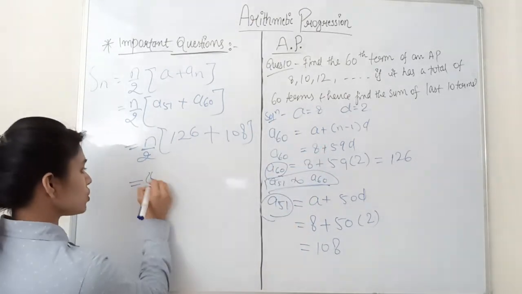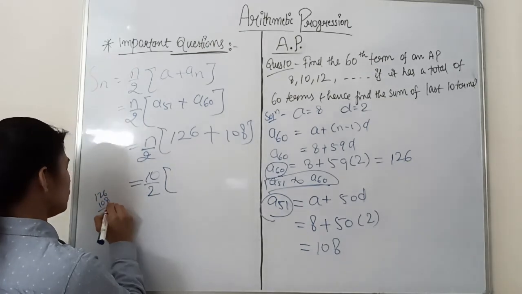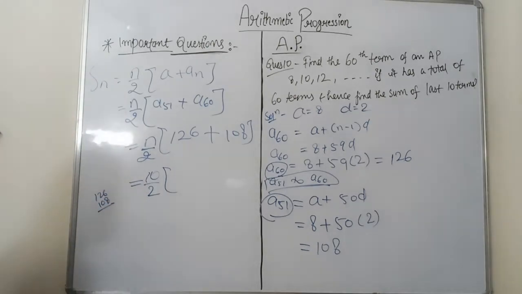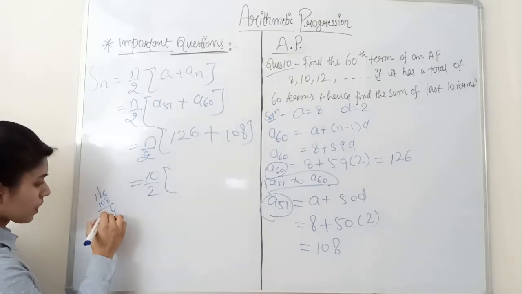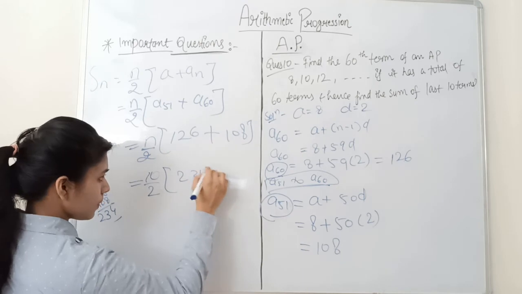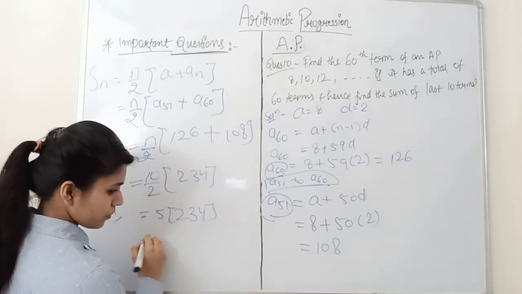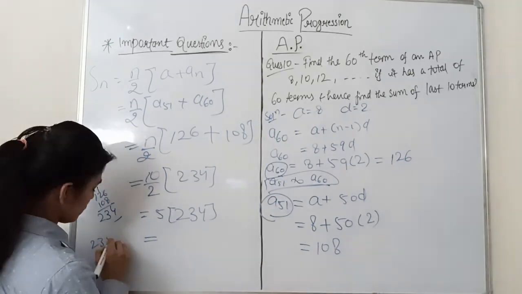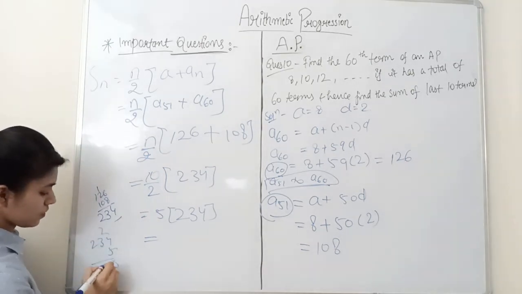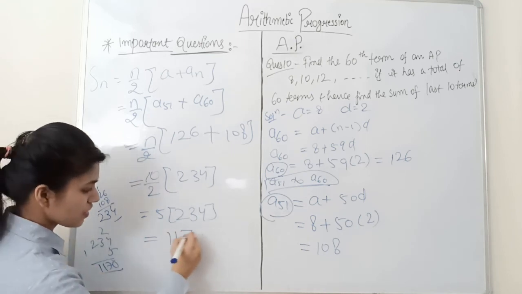So n is equal to 10, and 126 plus 108 is 234. 5 into 234 is 1170.